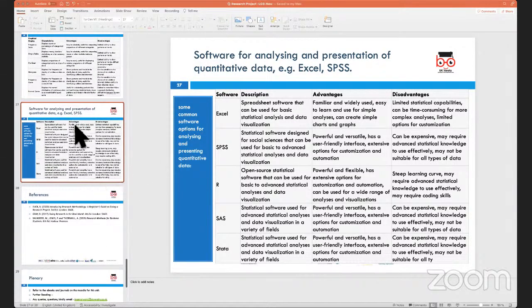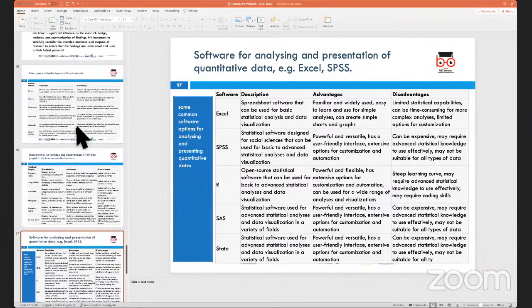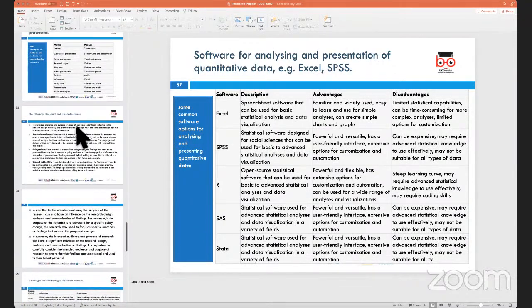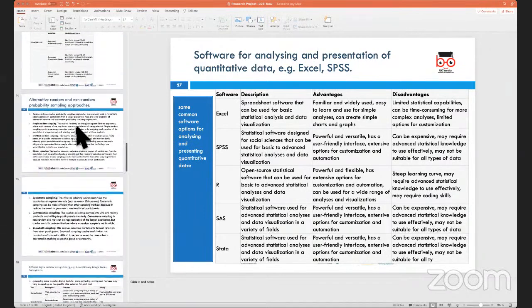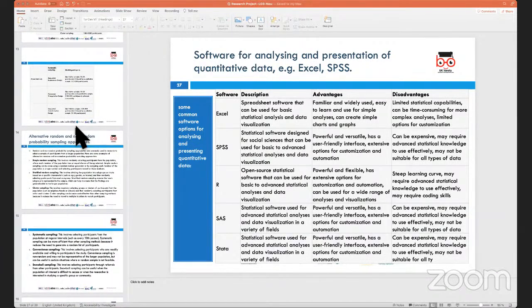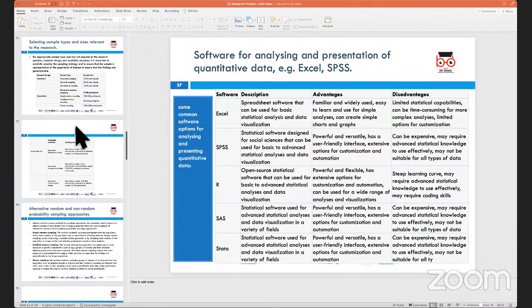So this chapter that we've discussed now helps you understand what is data collection, what are data collection techniques, what are the different types of techniques that you can employ when you choose the methodology of your data collection.